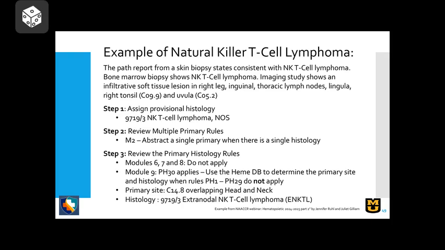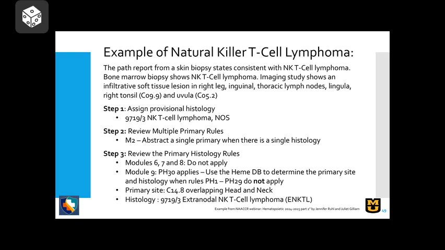Step 2. Review the multiple primary rules. M2 applies. Abstract a single primary when there is a single histology. Step 3. Review the primary histology rules. Modules 6, 7, and 8 do not apply. Module 9, PH30 rule applies.